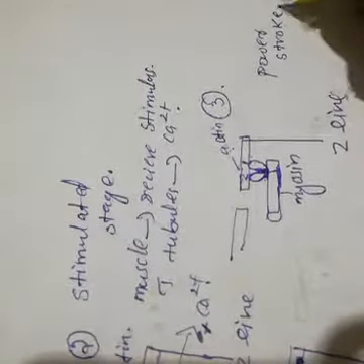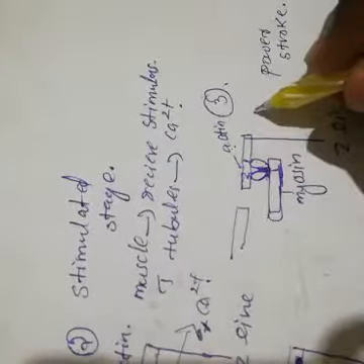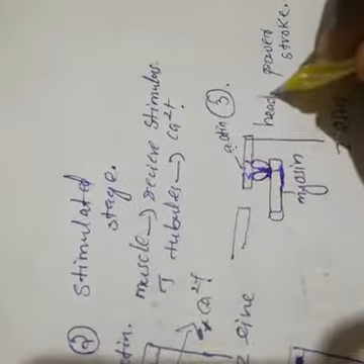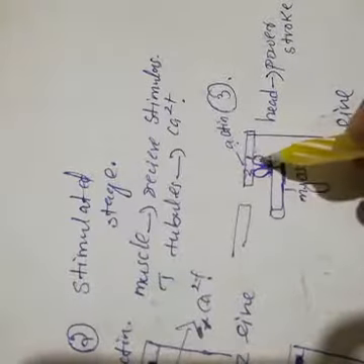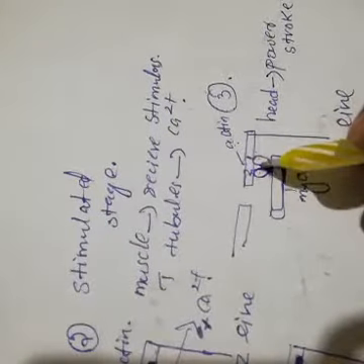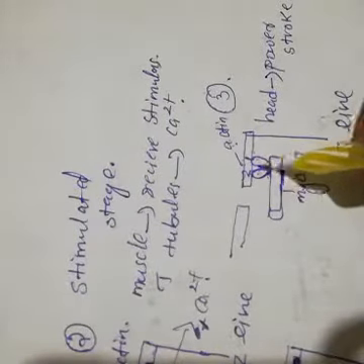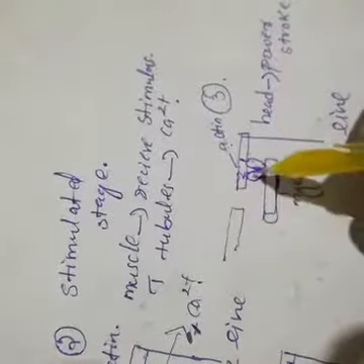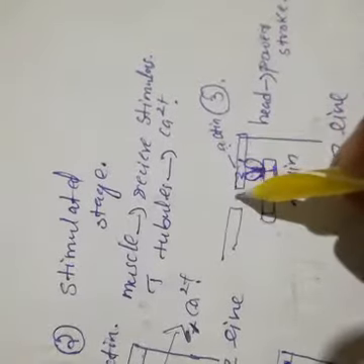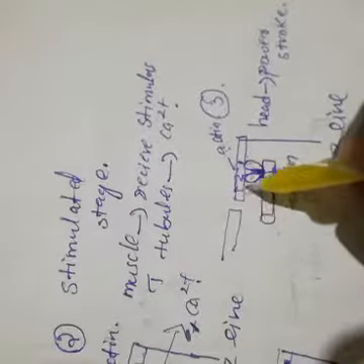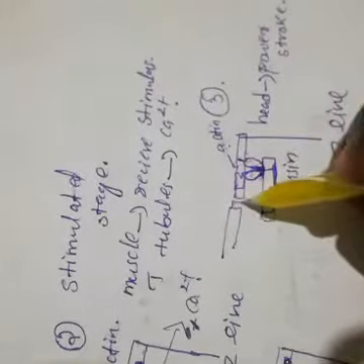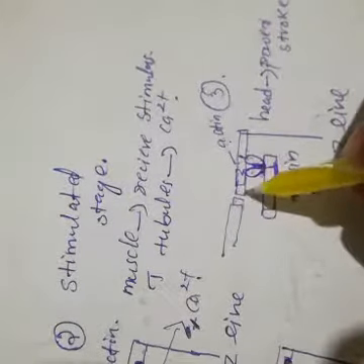Very important. This rotation is called the power stroke, and it is given by the head part of myosin, using energy. By this power stroke, the actin filament will be pulled towards the center.